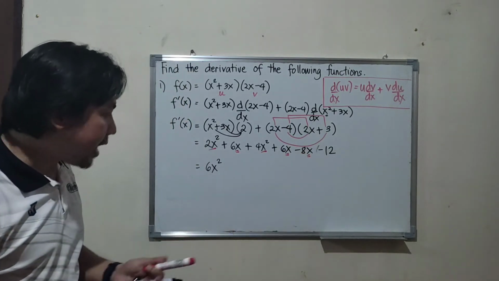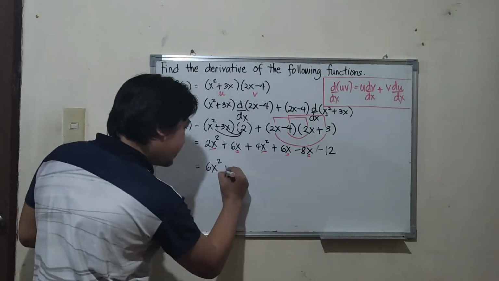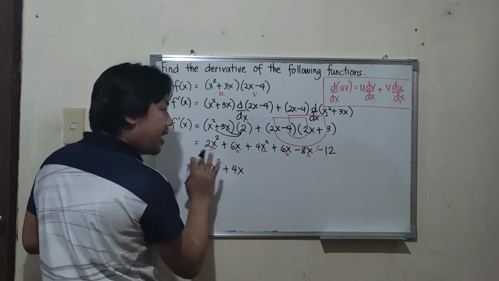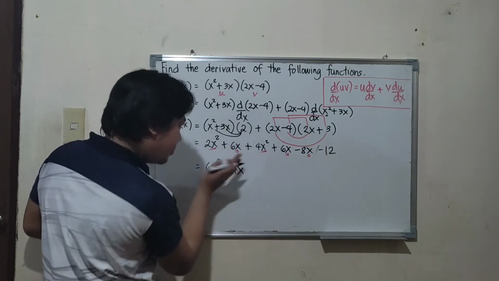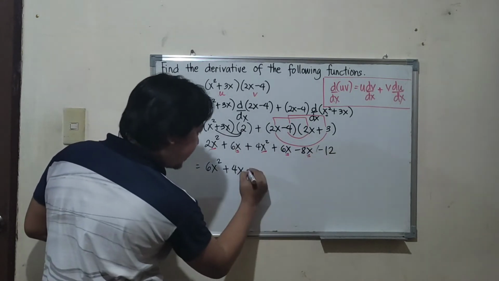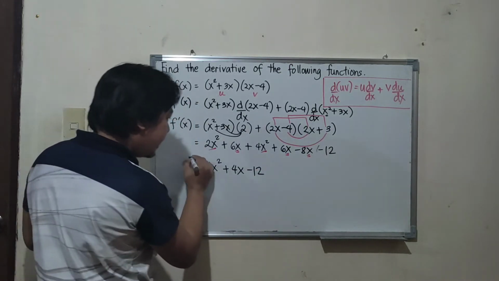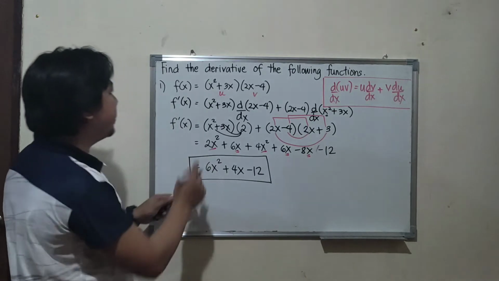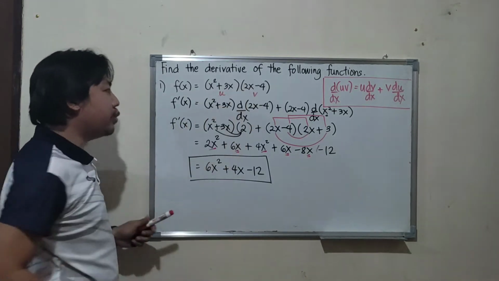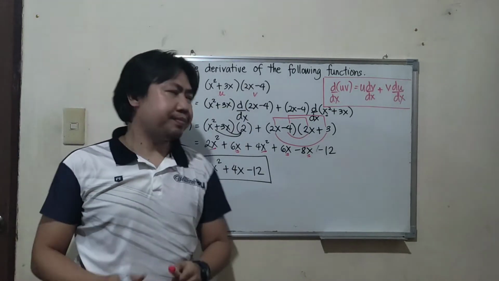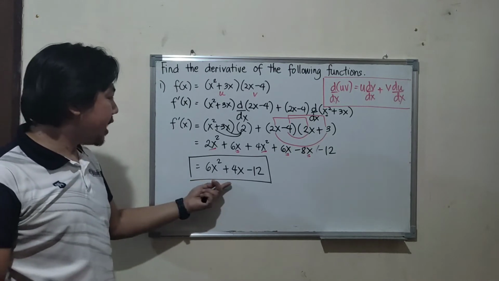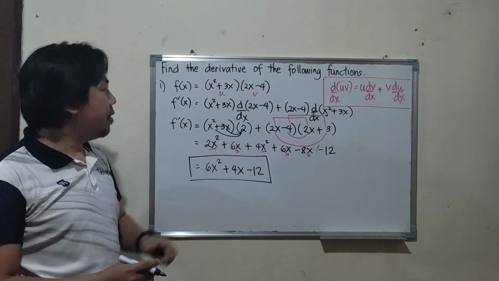So 12x minus 8x, that is positive 4x. And then the constant, wala nang ibang constant, so just copy negative 12. Okay, so therefore this is now the derivative of x squared plus 3x times 2x minus 4. Okay, so ito na yung answer natin, 6x squared plus 4x minus 12.